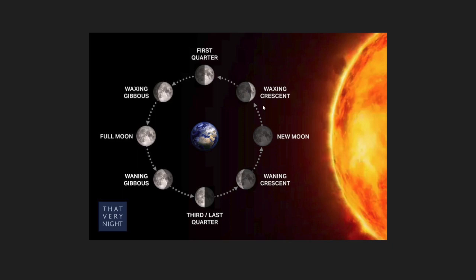Now, as it curls around, at the waxing crescent we start to see a small slither of light on one face of the moon as it is facing us. And once it's side-on to us, perpendicular to us, the amount of sun that hits the moon is exactly 50%, and we also see 50% which is dark.